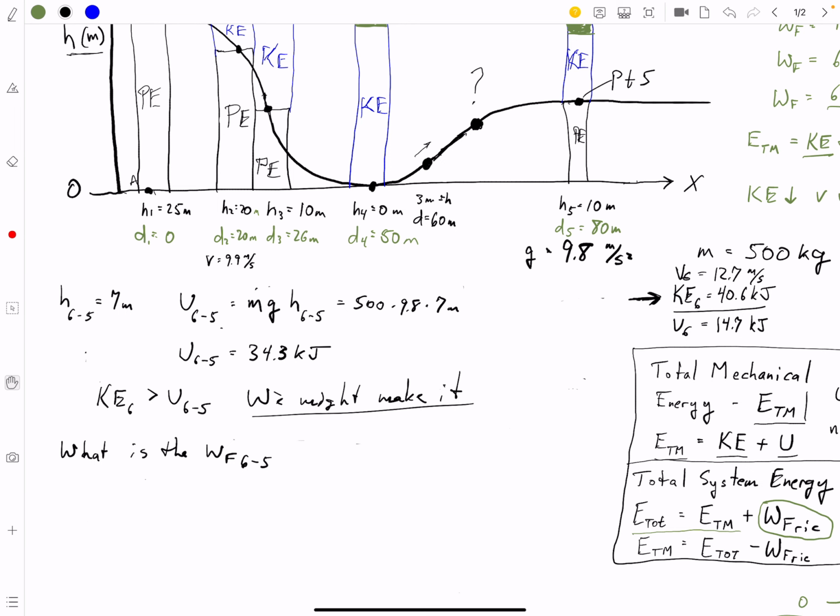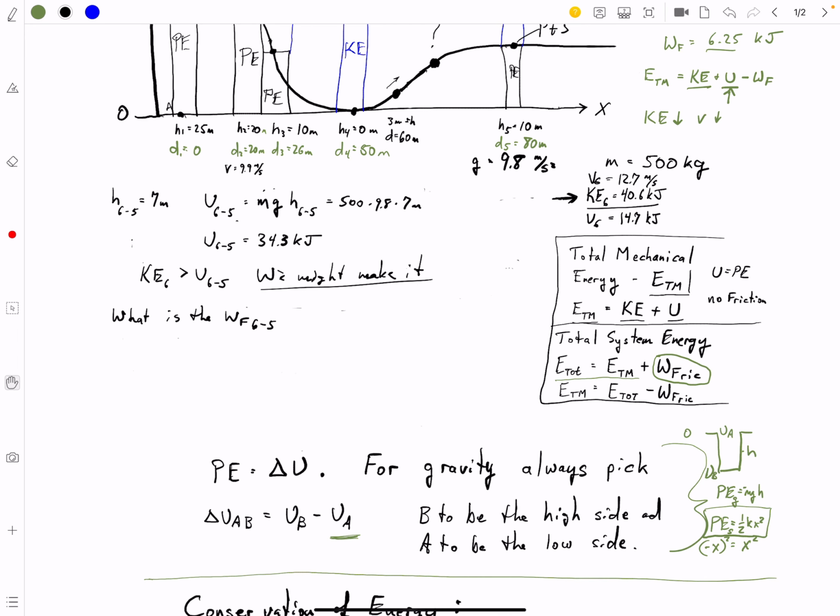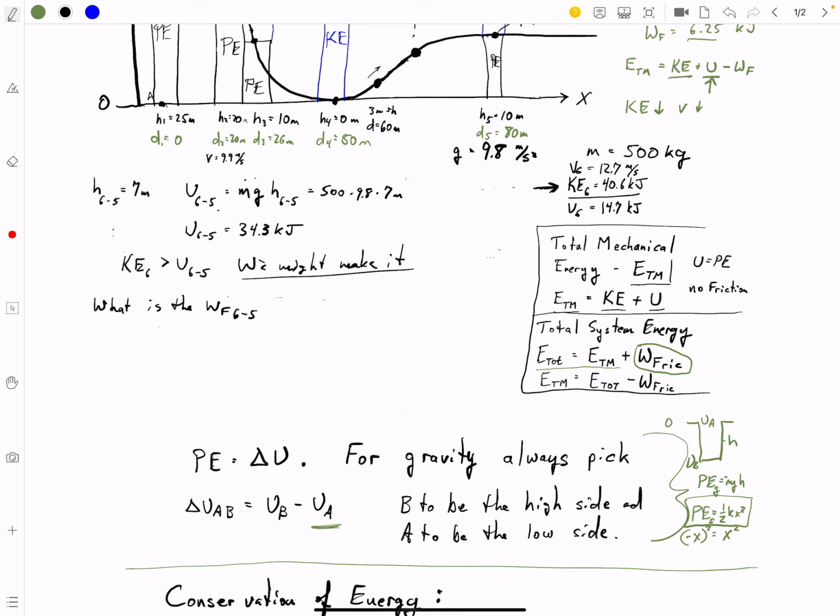So that's 60 meters to 80 meters. So our frictional force is 1120 newtons, and we're going an additional 20 meters. And that equals 22.4 kilojoules.